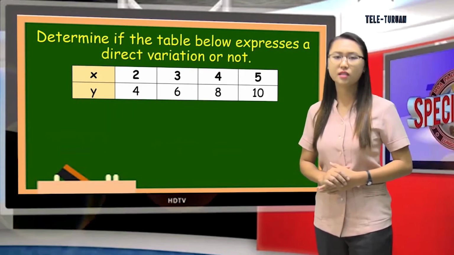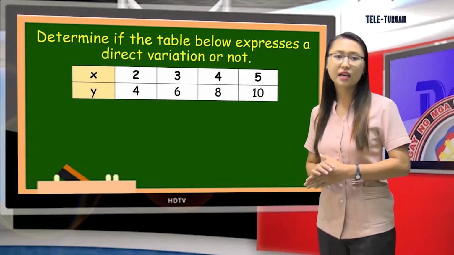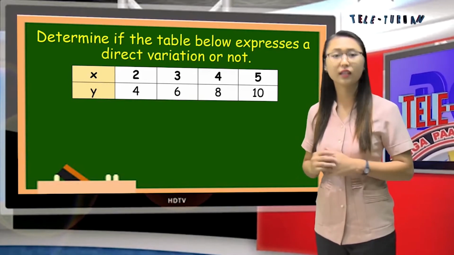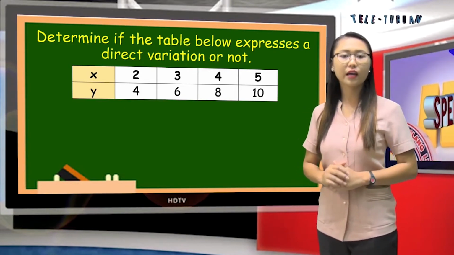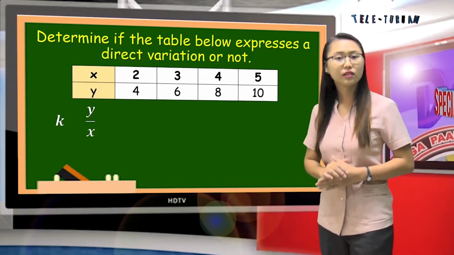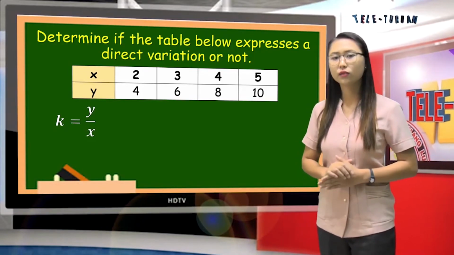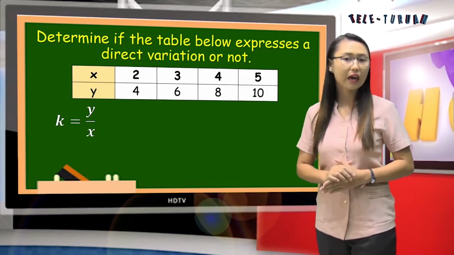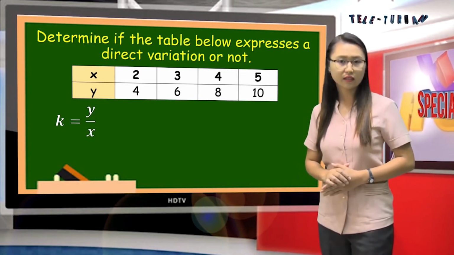Let us have this table. As we can see, as the value of x increases, the value of y also increases. Now, let us check if the constants of variation of the given values are the same. Let us use k as the constant of variation. We already know that to solve for k, we have k is equal to y over x, or y divided by x.